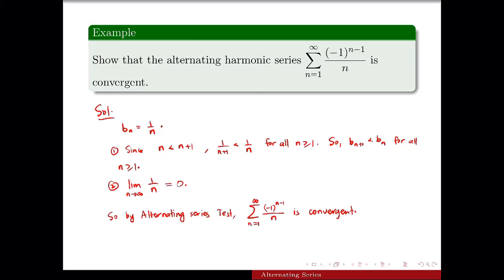Very easy to use, the alternating series test. Then again, this only works for alternating series. So you have to take note of that.